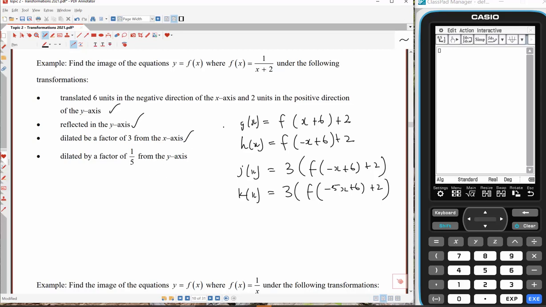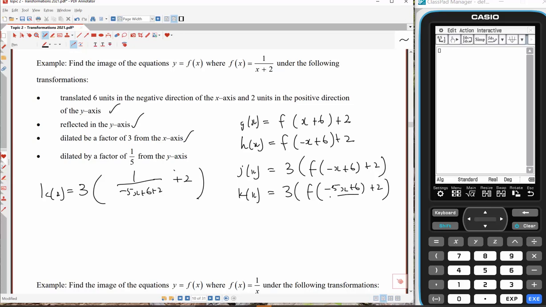Okay, so now we're ready to jam it all in. So we're going to go and say that k of x, our new function, is equal to 3 lots of 1 over, we're going to put negative 5x plus 6 plus the original 2 that was there, plus 2, close brackets.